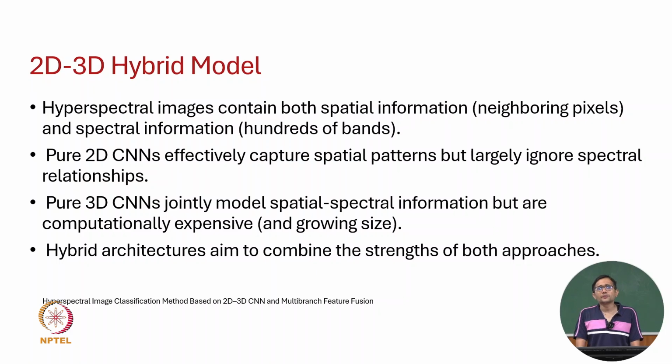Quite often, what researchers do is they use a combination of the 2D and the 3D model. As we know, hyperspectral images contain both spatial information as well as rich spectral information.